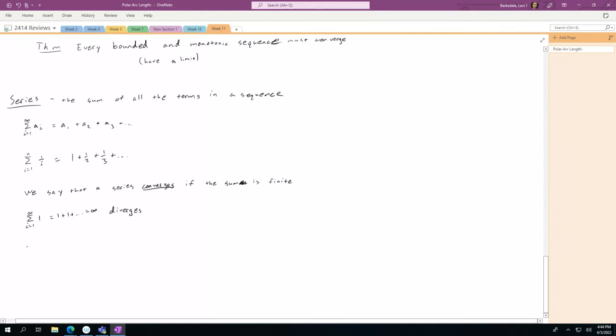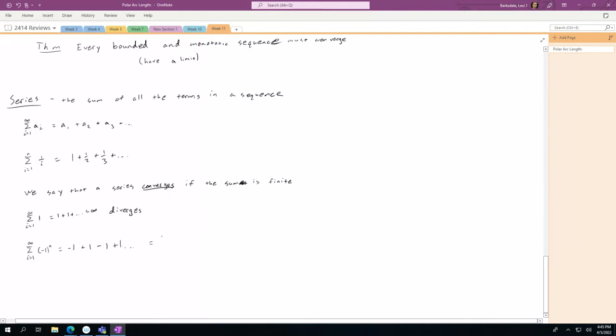Importantly, we also say that if it doesn't approach a single number, then it diverges. So if we did (-1)^n, this is -1 plus 1 minus 1 plus 1, and so on.